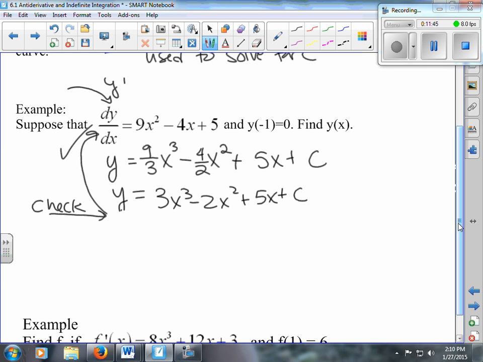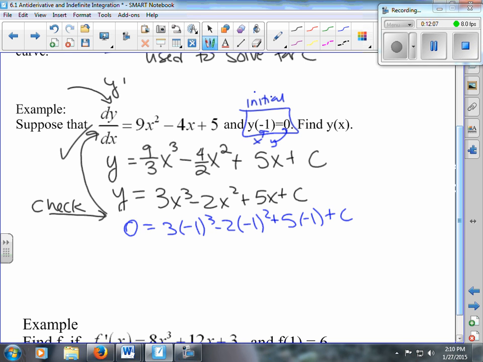The last thing we're going to do here is use our initial value. Here's my initial value. So the initial value tells me that if x is negative 1, then y is 0. So I'm going to replace y with 0 and x with negative 1. And notice the only unknown left here is c. And so I can determine what c is.